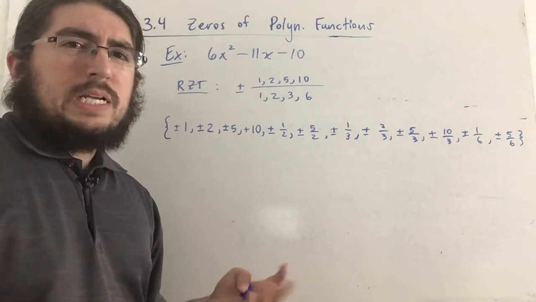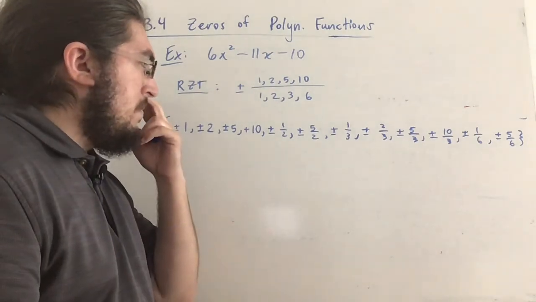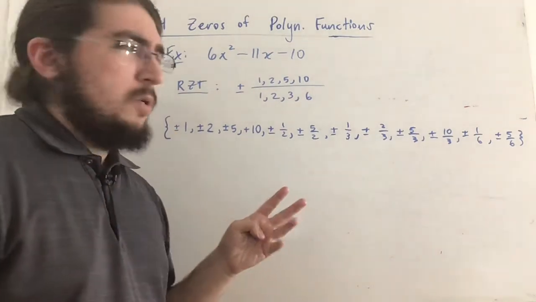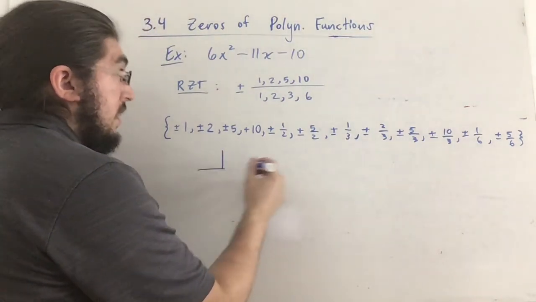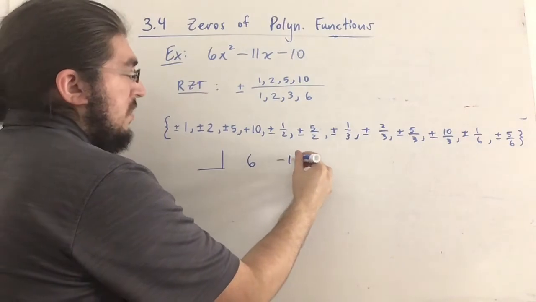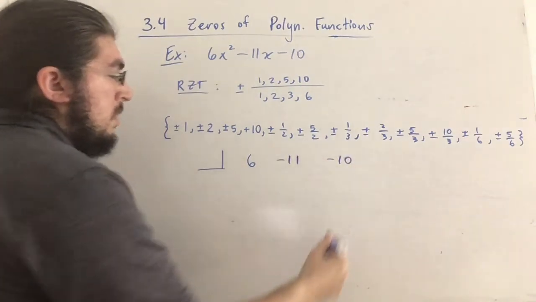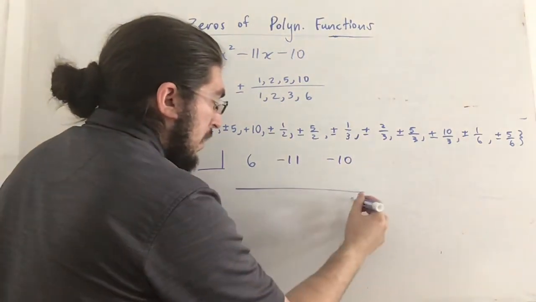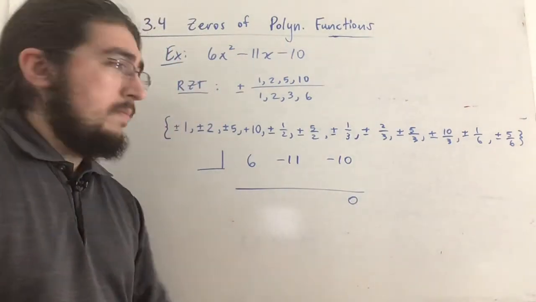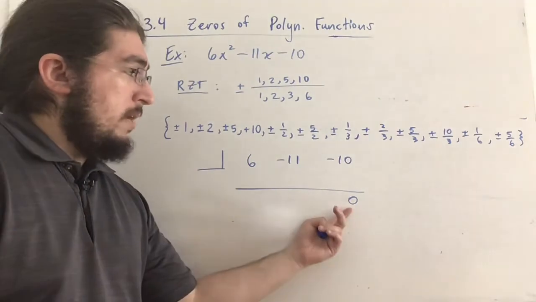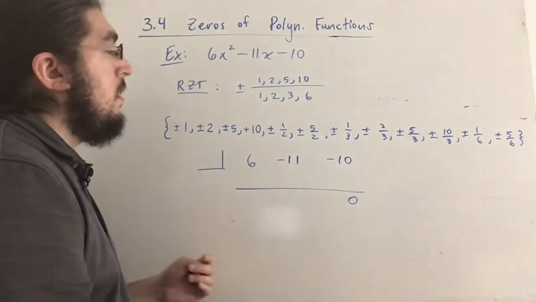Synthetic division will also take a long time, but I'm going to be a little wise about my choices here. So I'm going to think a little bit as I move along, but let's see if we can figure it out together. So using synthetic division, we're checking to see if the result is 0 when you plug it in. So that means the remainder will be 0, because that's what we had from the remainder theorem, that the remainder is what you get when you plug it in. Okay.